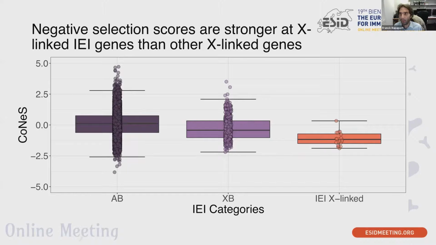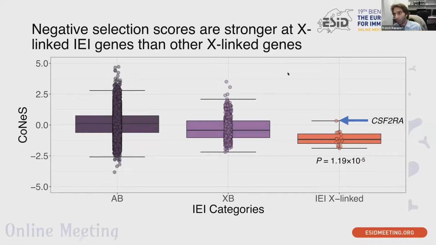And that's what you can see with the box in the middle, which is the background genes that are on X, and they're under significantly more negative selection than the ones that are on the autosomes on the left-hand side. But the genes that underlie X-linked inborn errors of immunity are under even more negative selection than random genes on chromosome X. And the p-value is very strong, on the order of 10 to the minus 5.